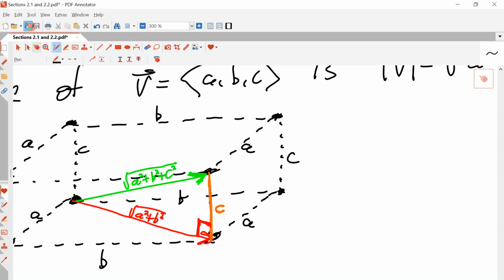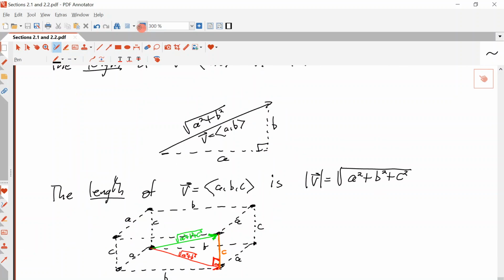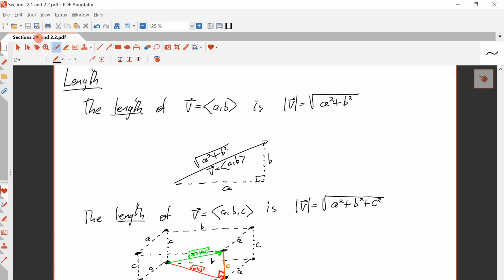So it's a 3-dimensional analog of the Pythagorean theorem. That's the length of a vector in 2 dimensions. That's the length of a vector in 3 dimensions.